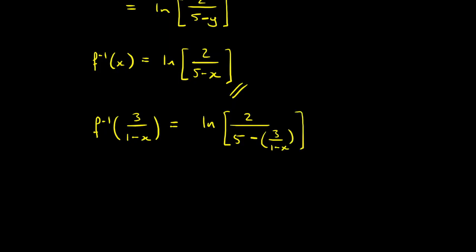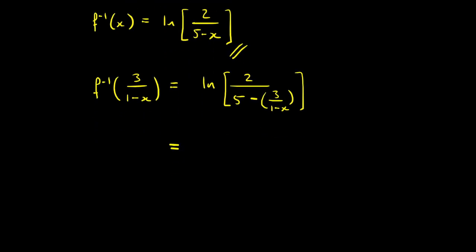And that's not a very pretty looking expression, but I think probably what I will do is multiply the top and bottom of the fraction by 1 minus x. So on the numerator, I will get 2 bracket 1 minus x, over 5 bracket 1 minus x, minus 3.